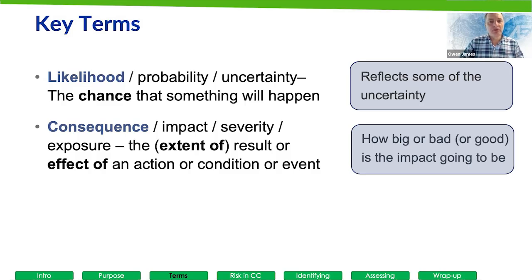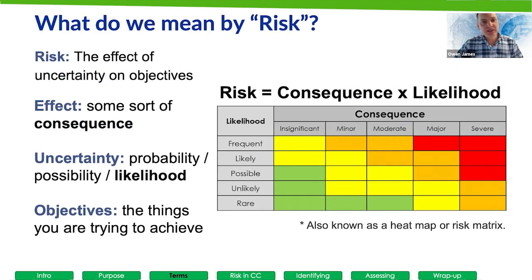So what do we mean by risk? And we did touch on that just a moment ago. The effect of uncertainty on objectives. So effect is some sort of consequence, some sort of impact. Uncertainty, some sort of probability, possibility, likelihood, chance. We talked about that just a moment ago. And objectives, the things that you are trying to achieve.